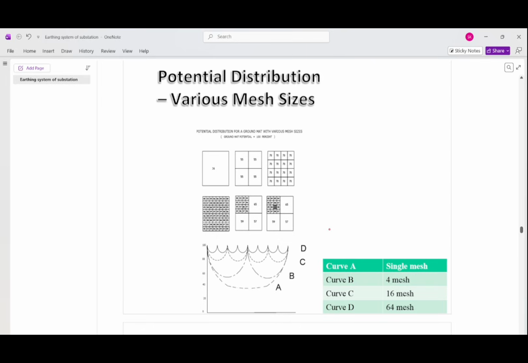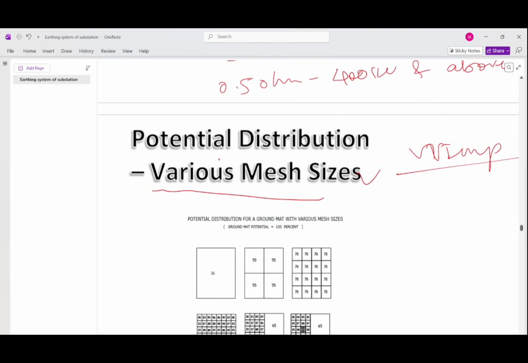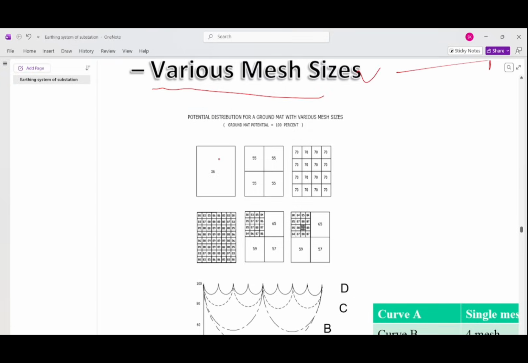Potential distributions, various mesh sizes. This is a very important topic we are going to discuss. Here smaller meshes are required.